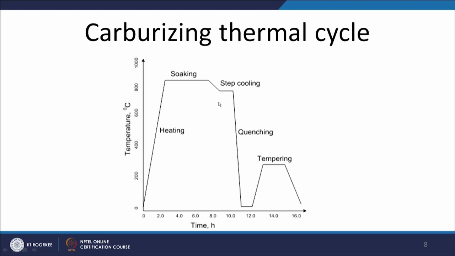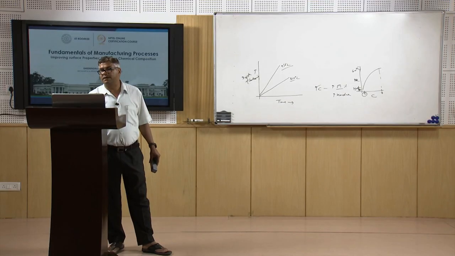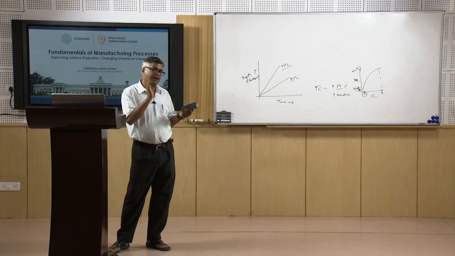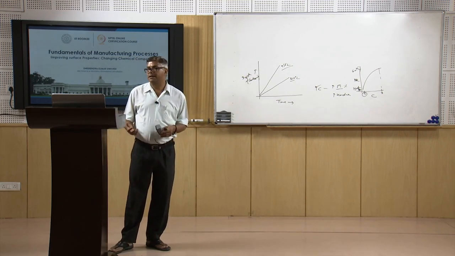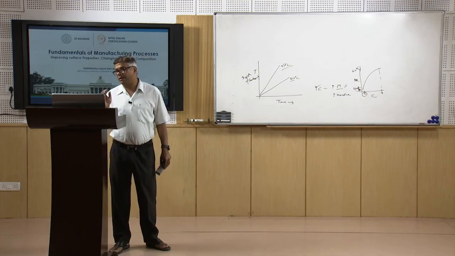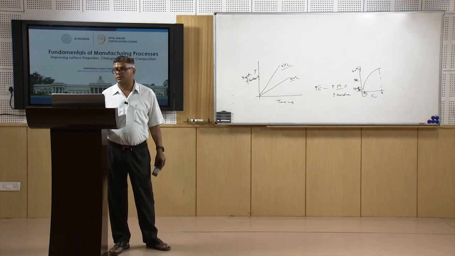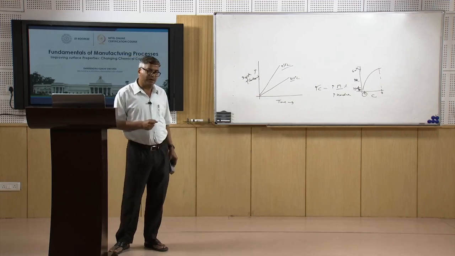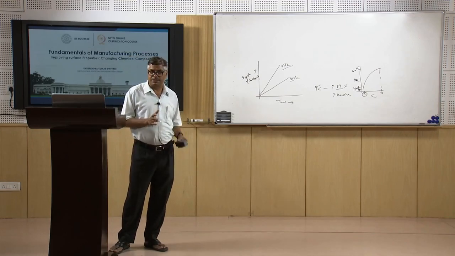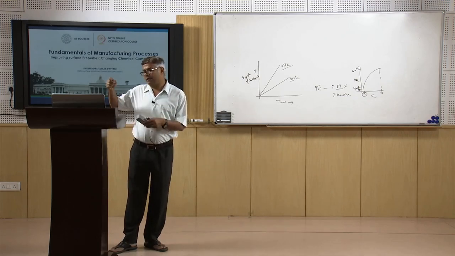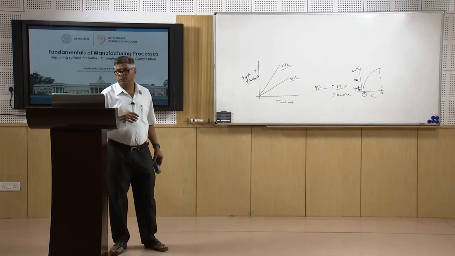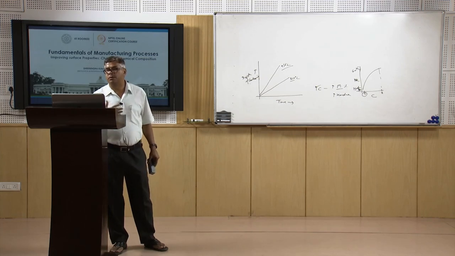In solid carburizing, direct quenching is many times not practically workable. So what is done? First pack carburizing is done in the box, then the components are taken out, reheated for heat treatment purposes, and thereafter quenched. In liquid carburizing it is somewhat easier because we can take the sample out of the bath easily and quench directly into water or any other suitable quenching medium.